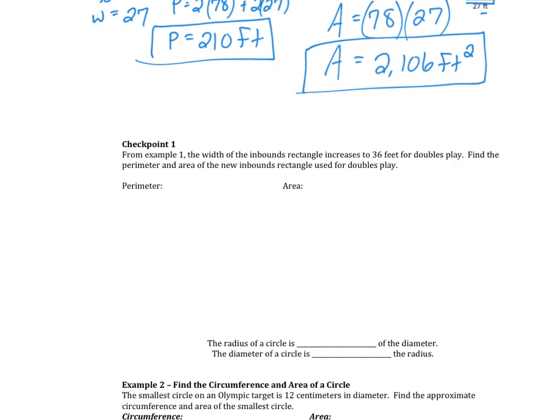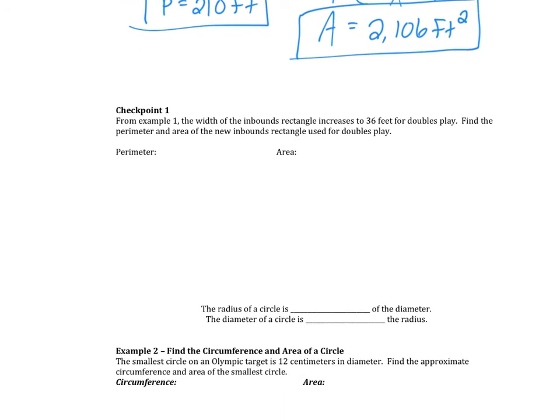All right, checkpoint. We'll do this one together quickly. From example 1, the width of the inbounds rectangle increases to 36 feet for doubles play. So it goes from 27 feet to 36 feet. So now the rectangle looks like this. It's still 78 feet long, but now it goes to 36 feet wide. So now length is still 78, width is 36.